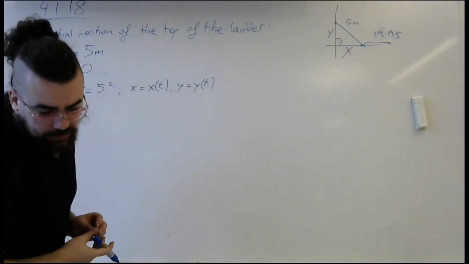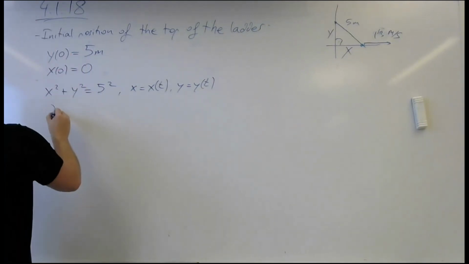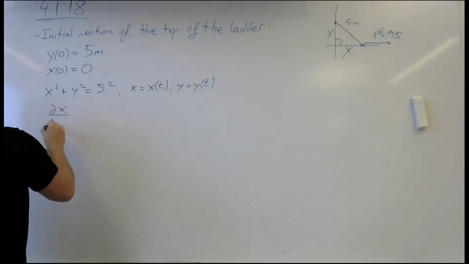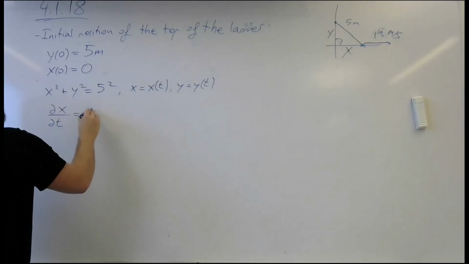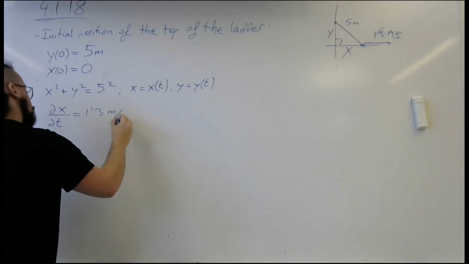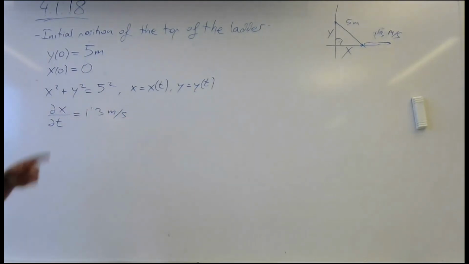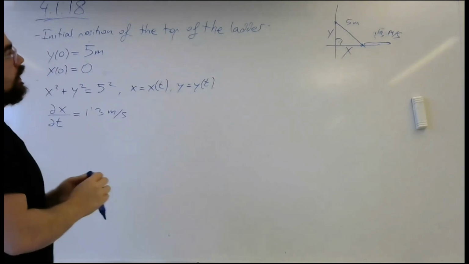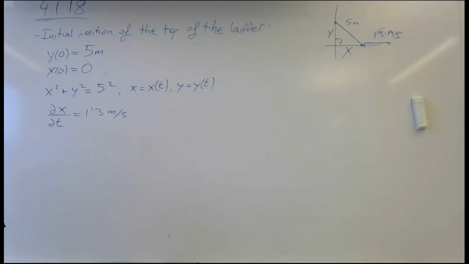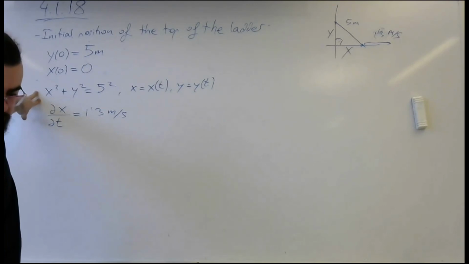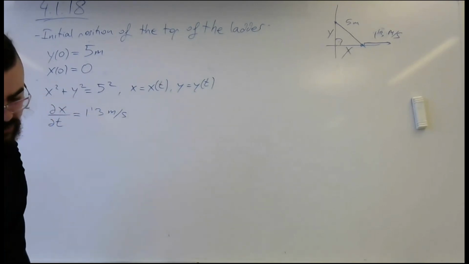Next data, we are pulling it away. So horizontal speed is 1.3. And now we could possibly come here and derive this and find the position rate of y.